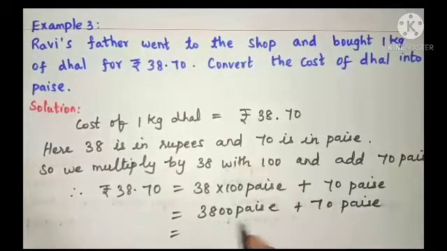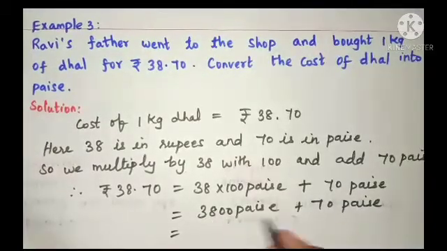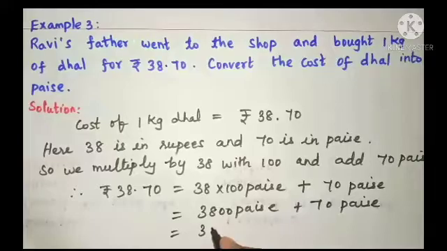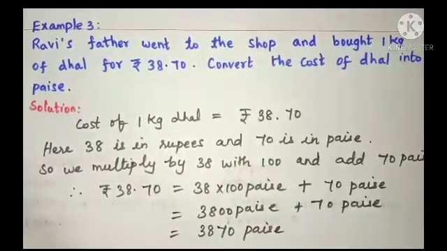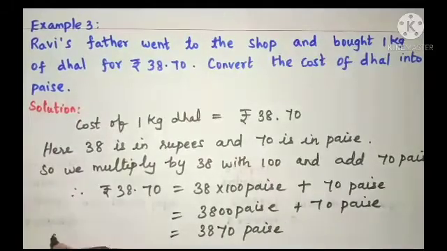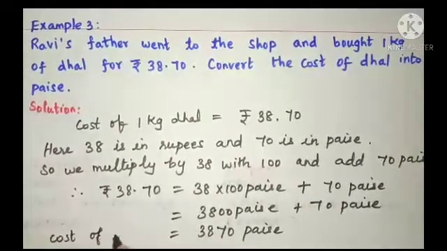Add these two values. 3800 plus 70 is 3870 pies. Which is the cost of dal.